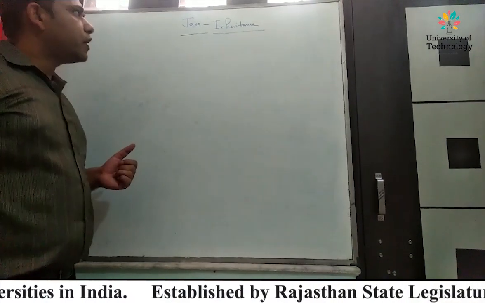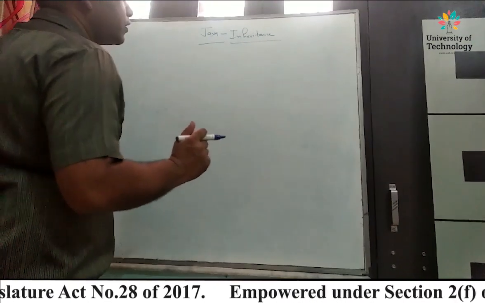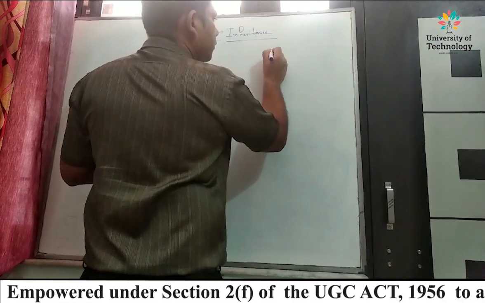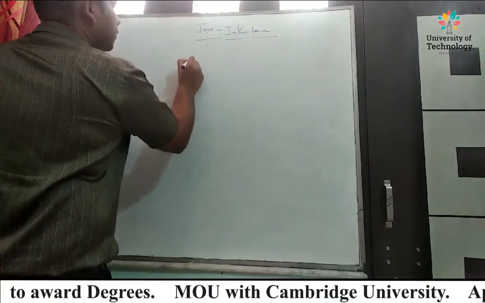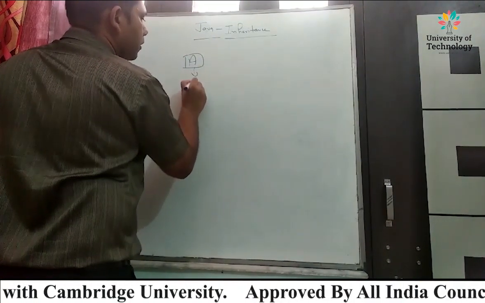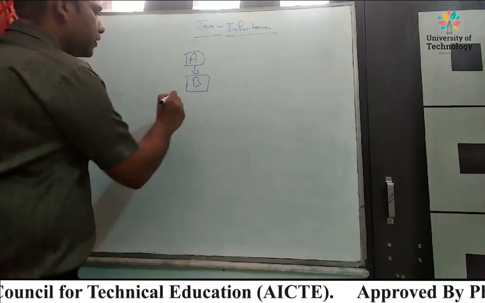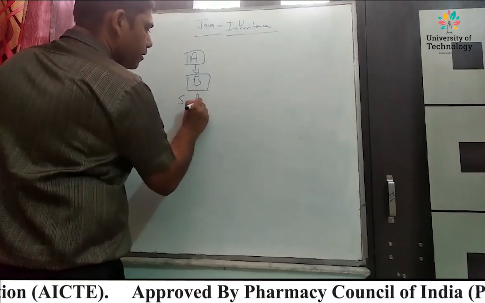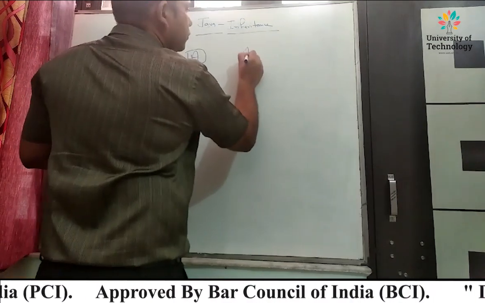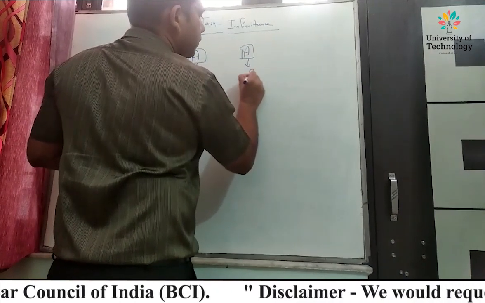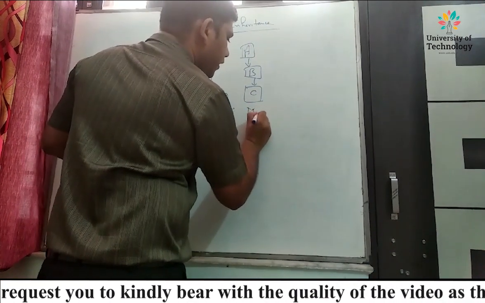So let's start. Java supports some types of inheritance. First, it is called single level inheritance. If we talk about multi-level, A, B, and C, it is called multi-level inheritance.